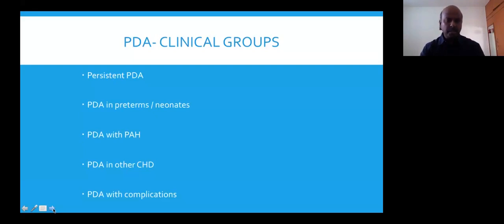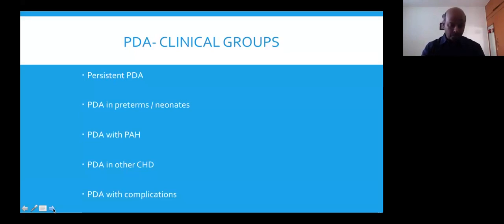PDA in other congenital heart disease can commonly be associated with simple left to right shunts like VSDs, coarctation of the aorta, ASDs, and other conditions. Sometimes in complex congenital heart disease they tend to be the lifesaver in the form of duct-dependent pulmonary or systemic circulation.